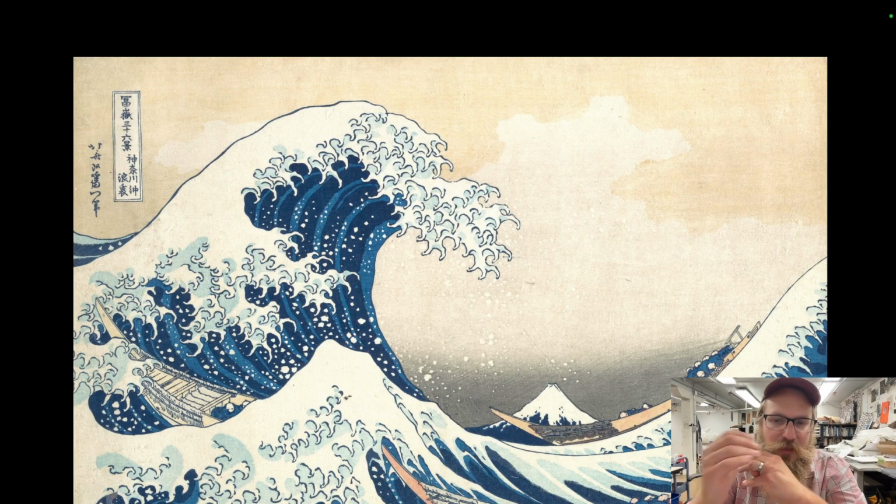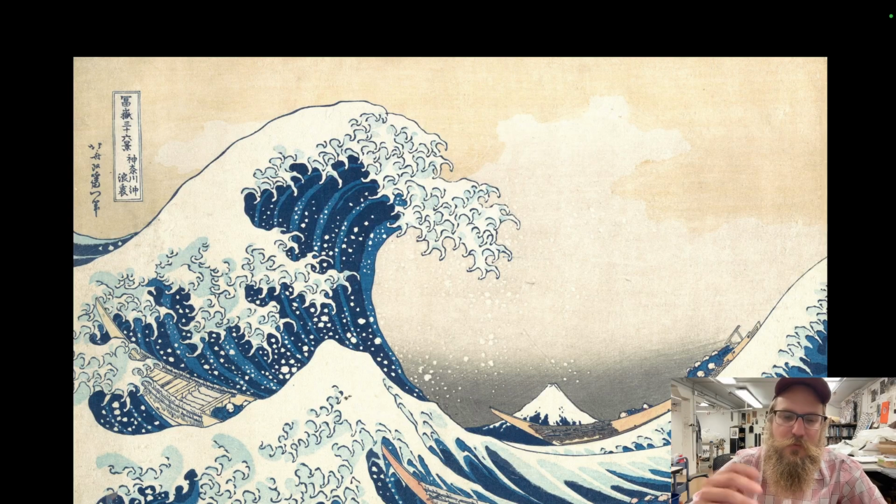So Mount Fuji is a dormant volcano, and it ties into a lot of the culture of Japan as a seafaring nation that built boats early on, and they spent a lot of time on the water catching fish and all of this.